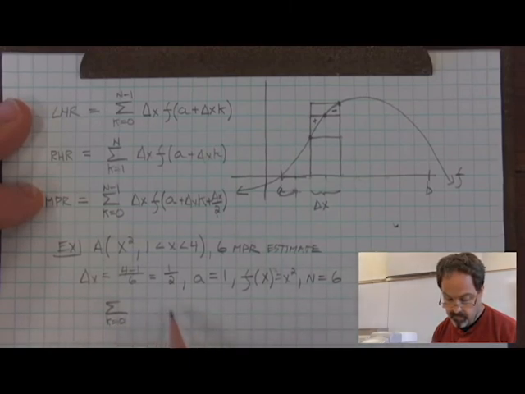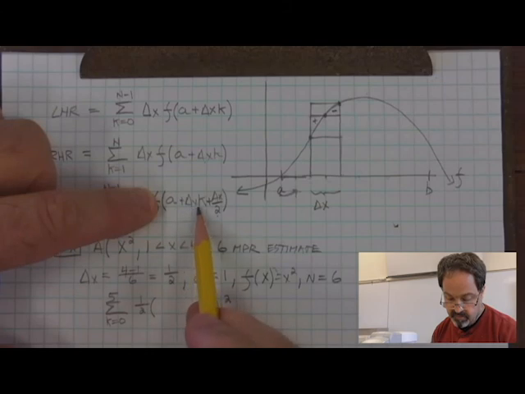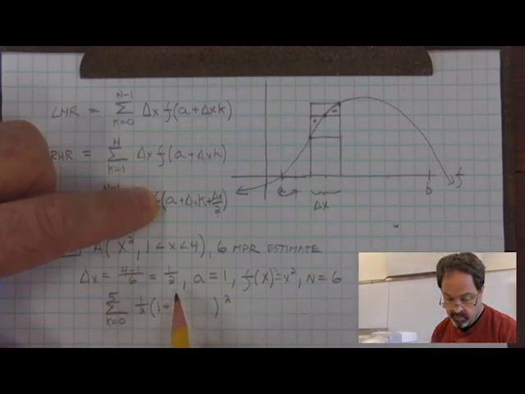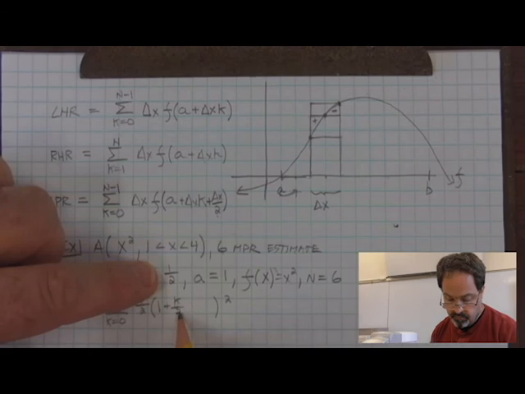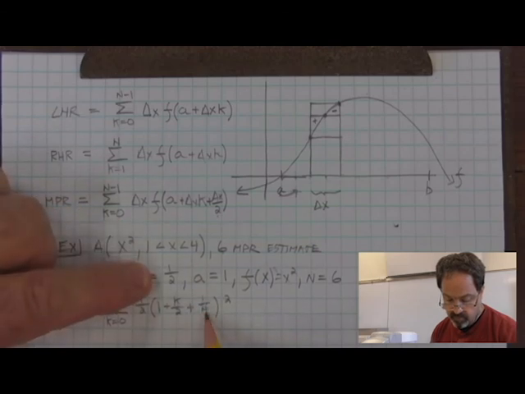Start with a k value of 0, go up to 1 less rectangles, then multiply by the base and the height, where the base is delta x, 1/2, and the heights are going to be the squaring function, where we put a plus delta x k plus half of delta x in, and that is 1, plus delta x is a half times k is k over 2, plus then half of delta x. If delta x is a half, then we have to add a quarter.